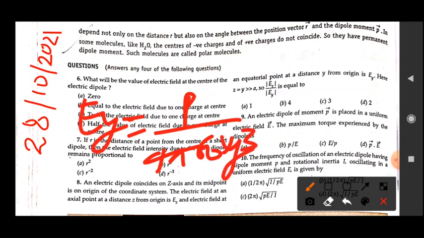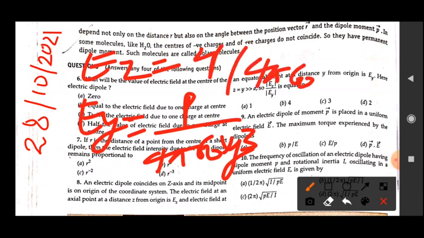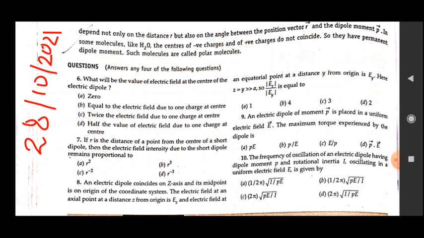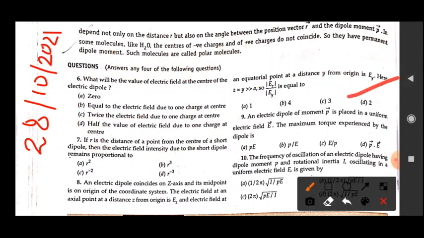And Ez just now we have written, that was 2p upon 4 pi epsilon 0 z cube. Now if we take the ratio of Ez to Ey, obviously it is greater, 2 times we will observe, so its answer will be 2. This is clear, because we will get z cube upon y cube, which are equal, so it will be 2.